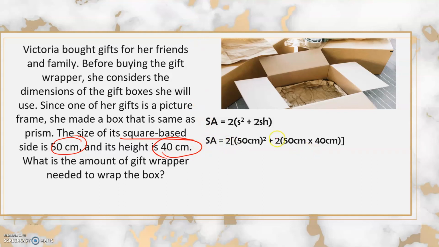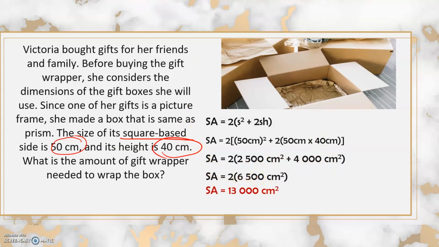And performing the operations correctly will give us 2 times the sum of 2,500 square centimeters and 4,000 square centimeters, which is equal to 2 times 6,500 square centimeters, and that will give us the surface area of this square prism, which is 13,000 square centimeters. So she needs 13,000 square centimeters of gift wrapper.